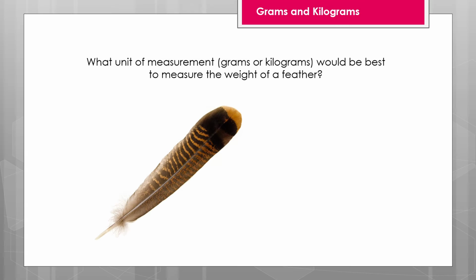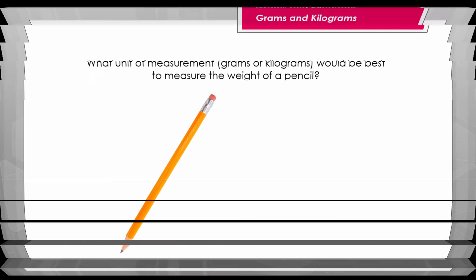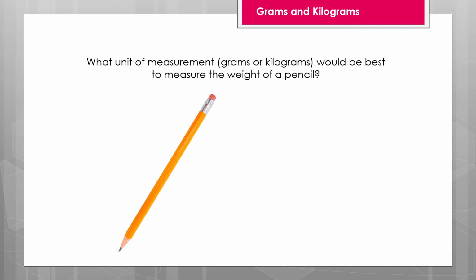Now, would we use grams or kilograms to measure the weight of a feather? Of course, because a feather is really light, we would use grams. Now a pencil. We would use grams because a pencil is really, really light.